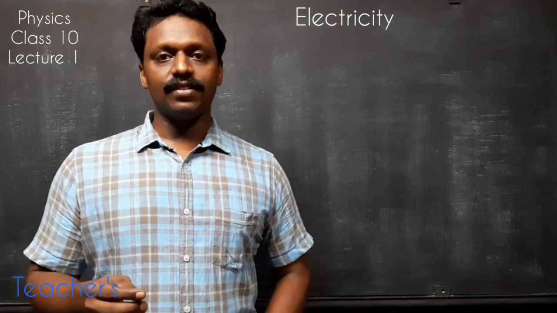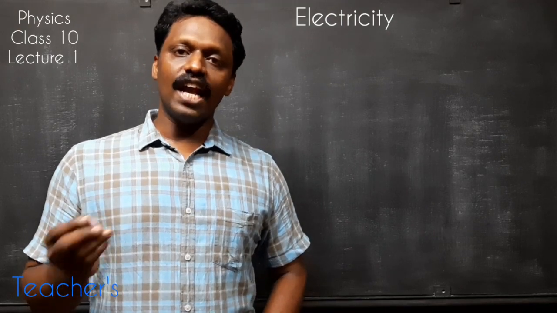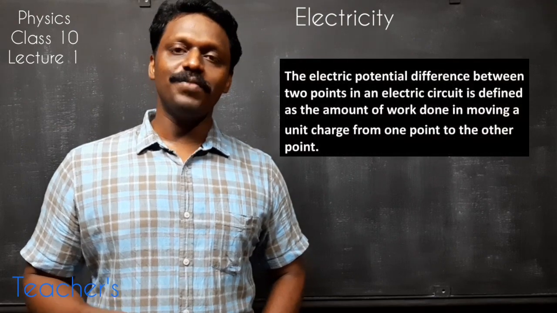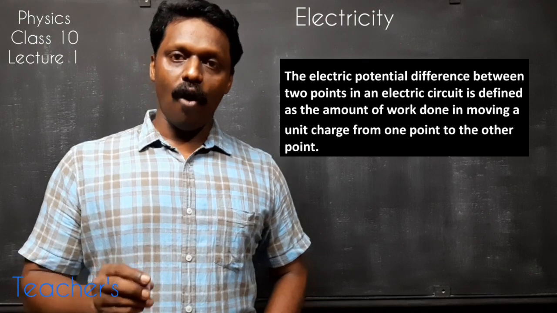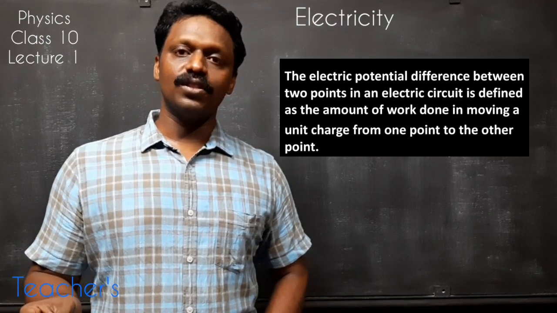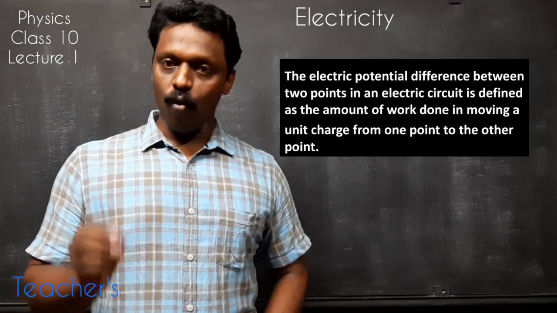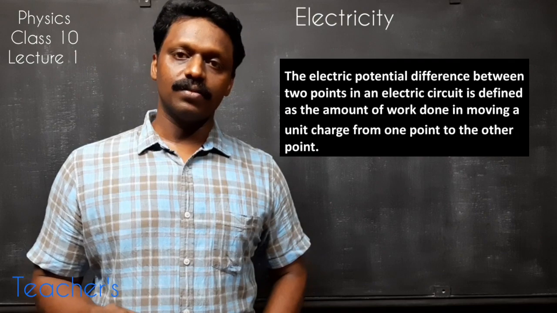Potential difference or the difference in electric potential between 2 points are the same thing. The potential difference between 2 points in an electric circuit is defined as the amount of work done in moving a unit charge from one point to the other point.